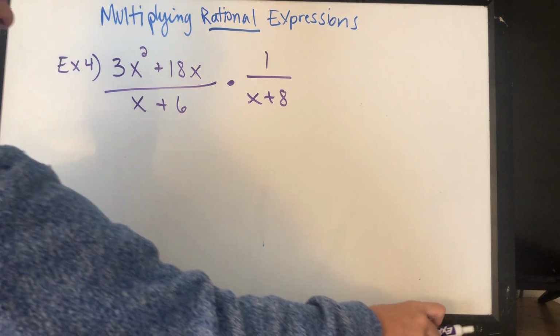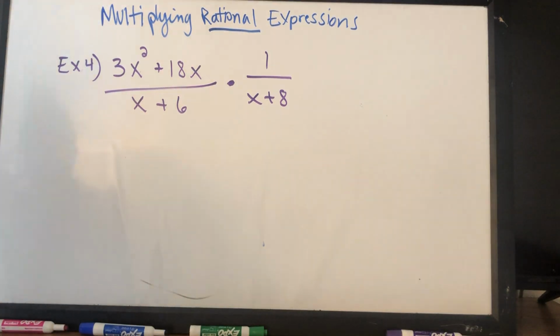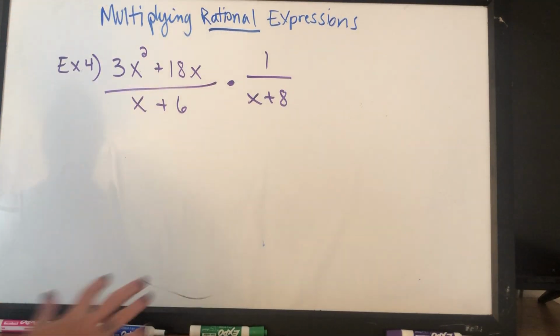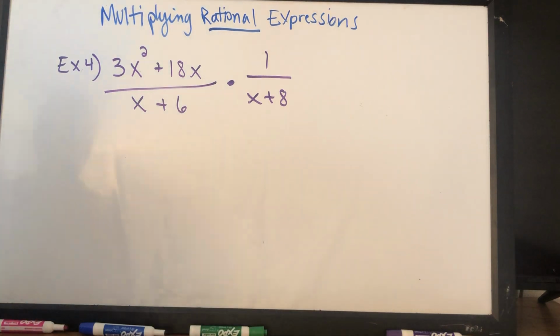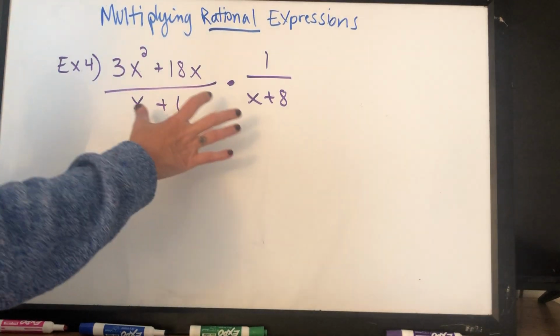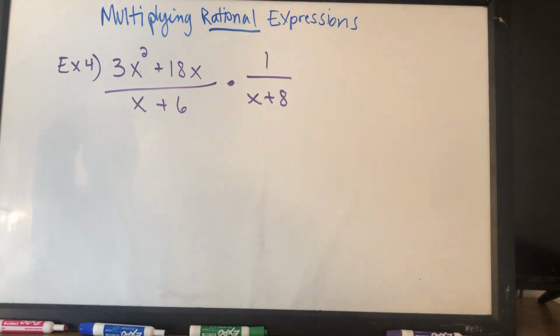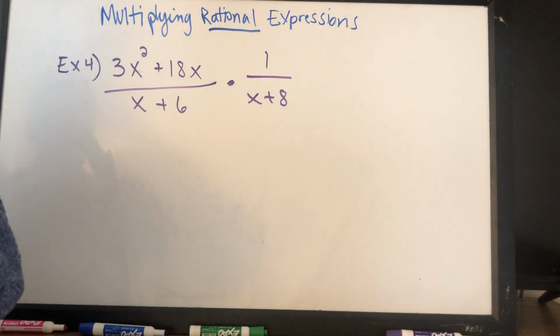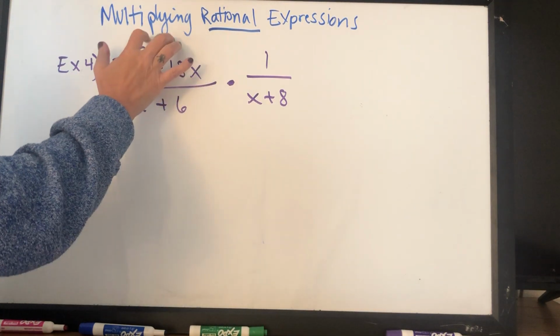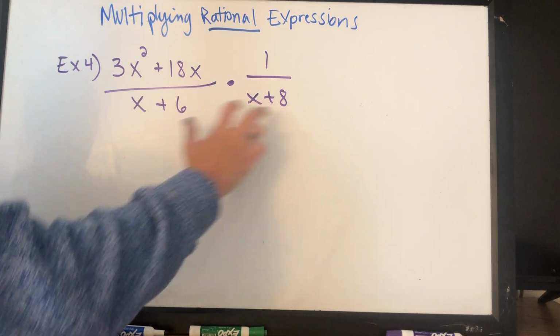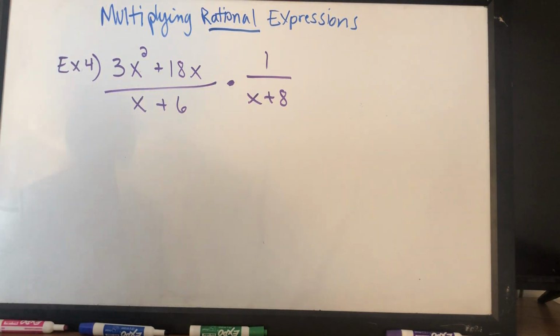Okay? Excuse me. All right, now, one thing to think about, guys. Nothing cancels right now. You have to factor. Okay? One of these up here is probably going to match either x plus 8, x plus 6. Okay, just kind of use that to help your brain think through.